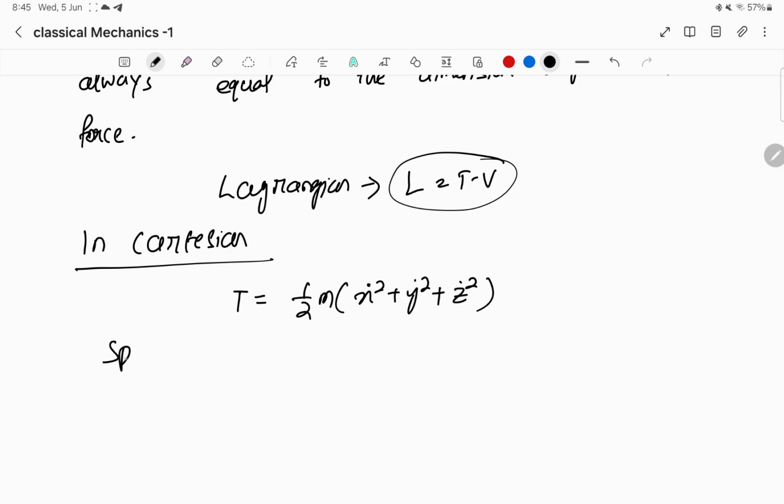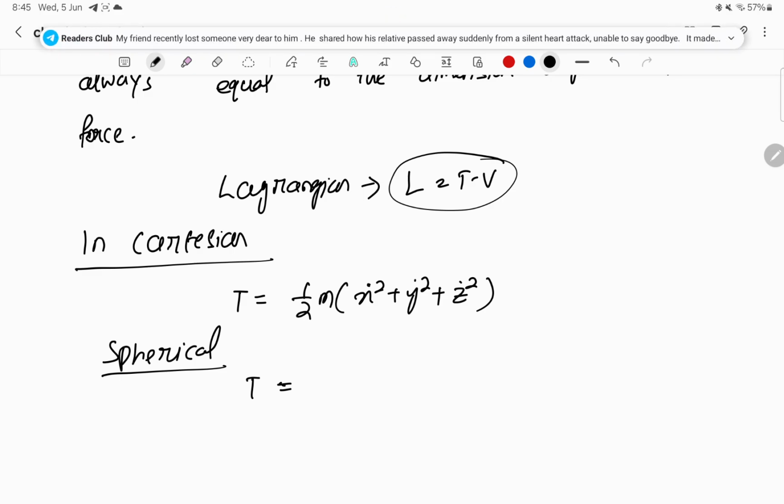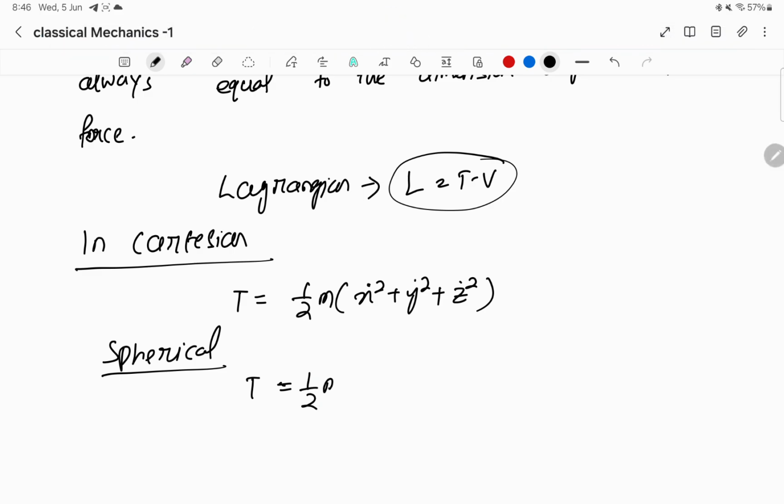In spherical, I have T equal to, I will give a shortcut to remember all this. Don't confuse it with another concept. This will be r dot square, this will be r theta dot square, this will be r sin theta phi dot square.